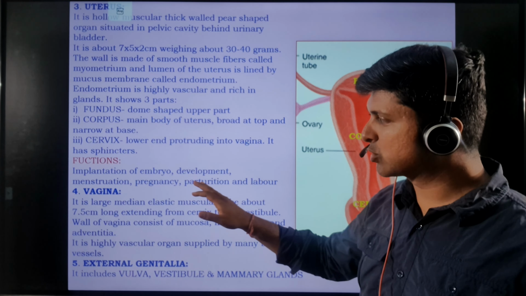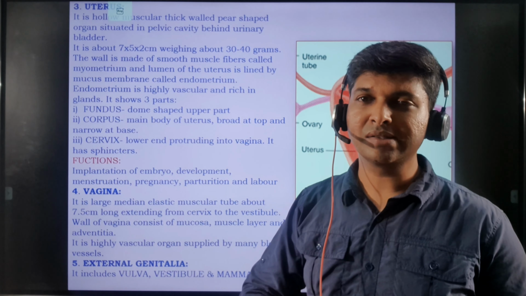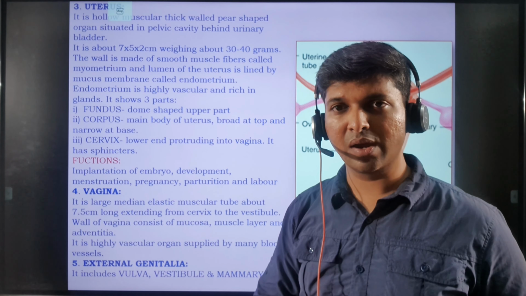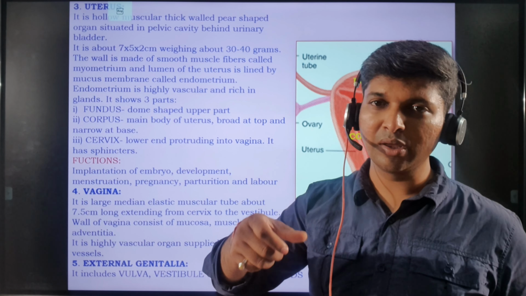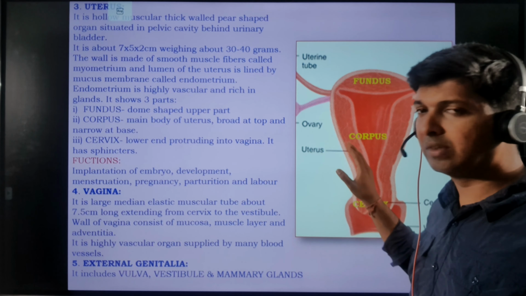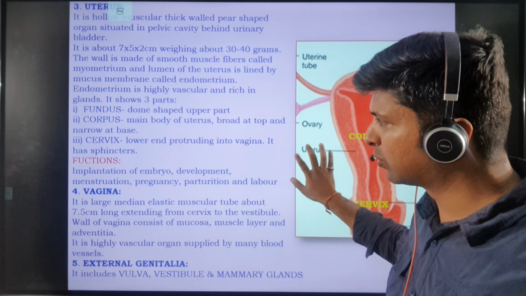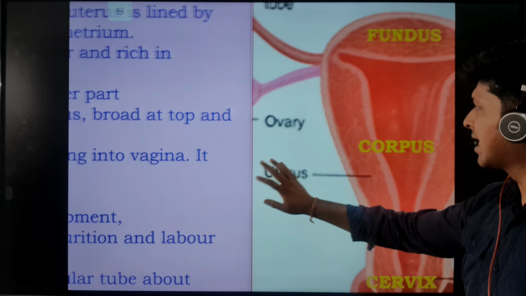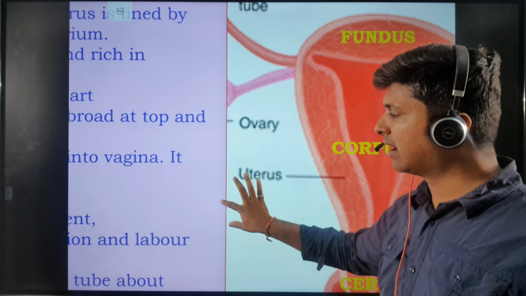Moreover, the functions of the uterus are implantation of the embryo. Just like we implant a seed into the soil, similarly, the uterus is going to implant the embryo into its walls. There are three layers of the uterus: endometrium, the inner lining of the uterus, then myometrium, which is the middle layer, and then exometrium.